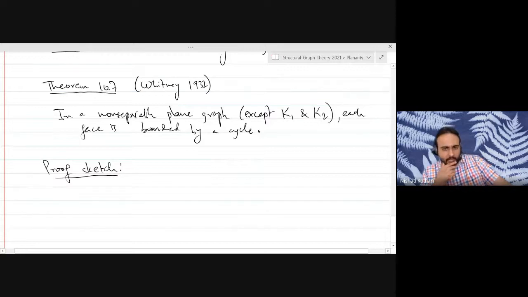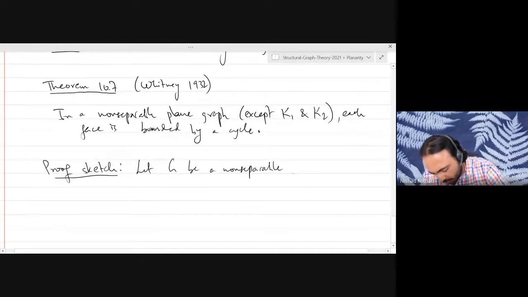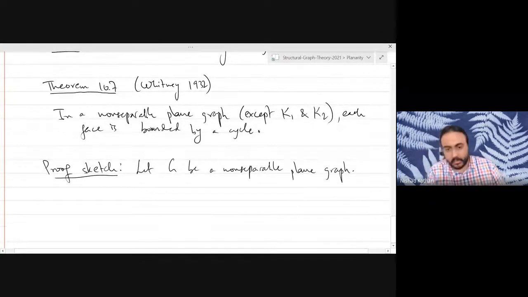We take some non-separable plane graph and we want to prove that every face is bounded by a cycle. I won't write down a tilde because we are anyways talking about plane graphs, so there is no point in putting a tilde everywhere.